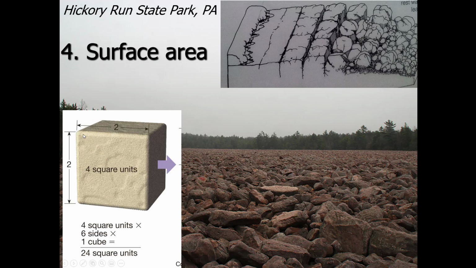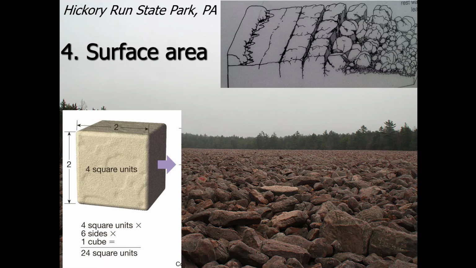So if you have a rock that's 2 feet by 2 feet, and you were supposed to figure out how much of this rock is exposed along the 6 faces of this cube, you would take the area of one face, length times width, 2 times 2, which is 4, times 6 sides, and you end up with 24 square feet, if we made the units feet.